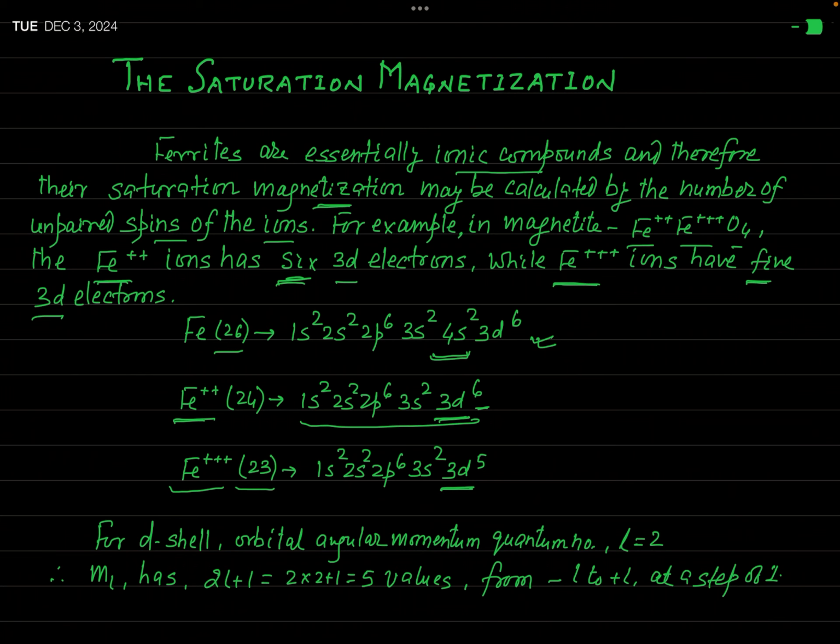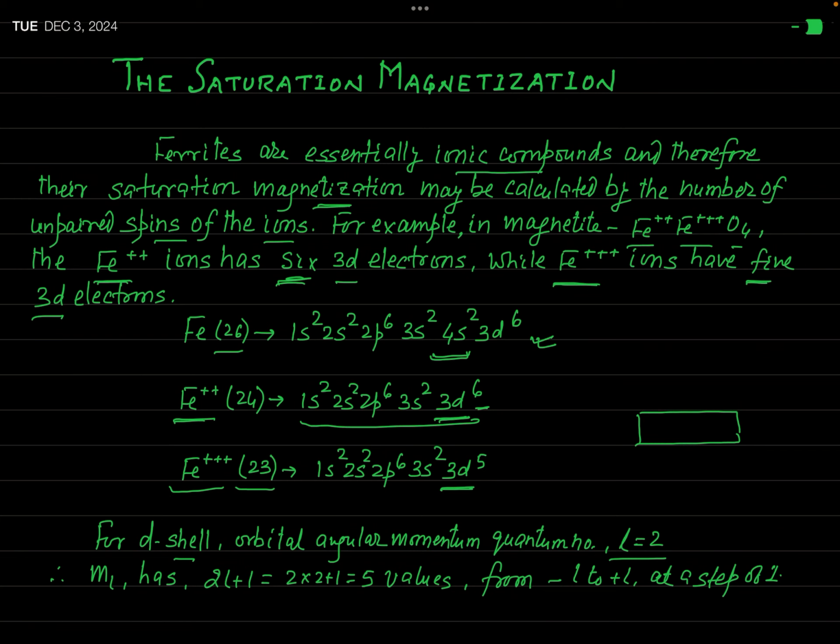Now, you have definitely studied in your chemistry course that any d subshell can contain a maximum of 10 electrons. How can you say that? For the d subshell, the orbital angular momentum quantum number l is equal to 2.